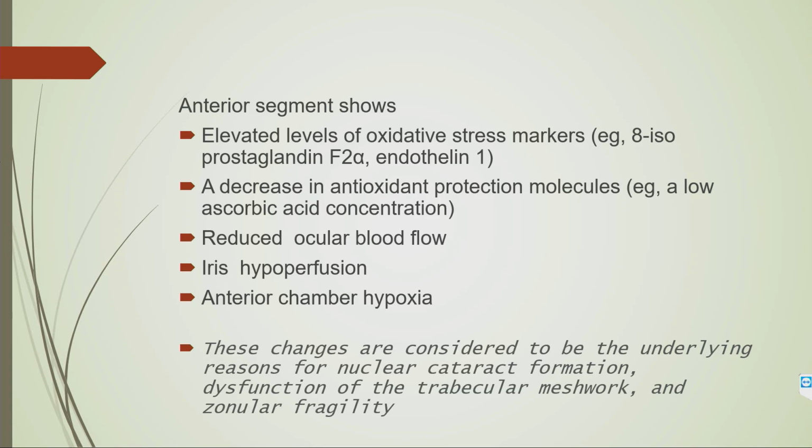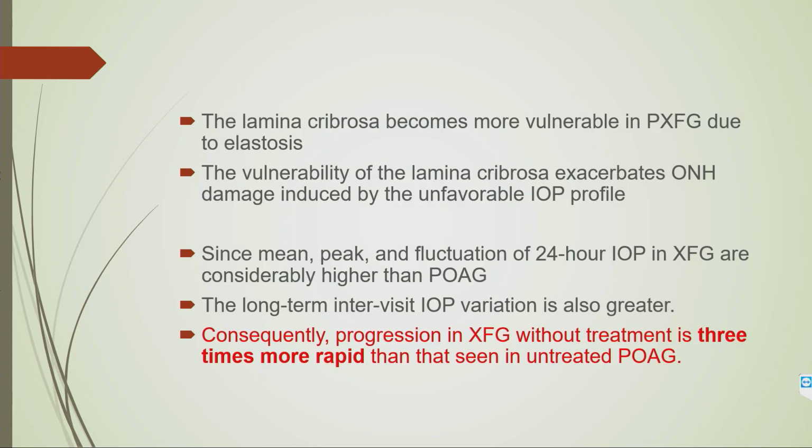Anterior segment investigations showed elevated levels of oxidative stress markers and a decrease in antioxidant protection molecules, like low ascorbic acid, reduced ocular blood flow, iris hypoperfusion, and anterior chamber hypoxia. And all these changes can cause increased nuclear cataract formation, dysfunction of the trabecular meshwork, and zonular fragility.